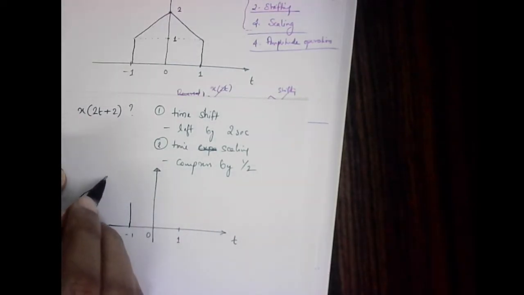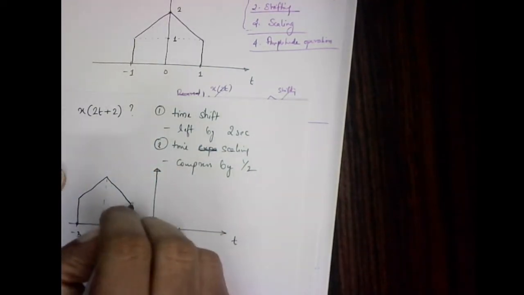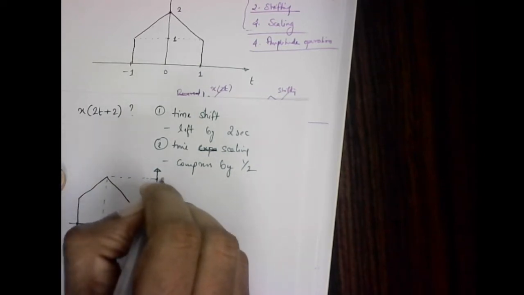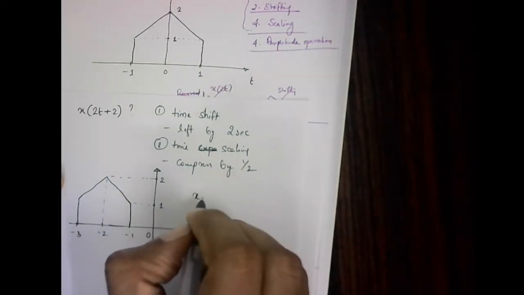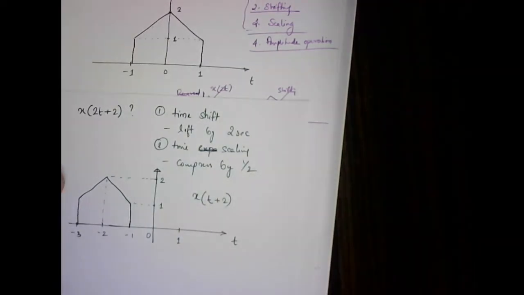So this is the time shifting operation. This will be 1 and this will be 2. Fine. So this corresponds to x of t plus 2. Correct.